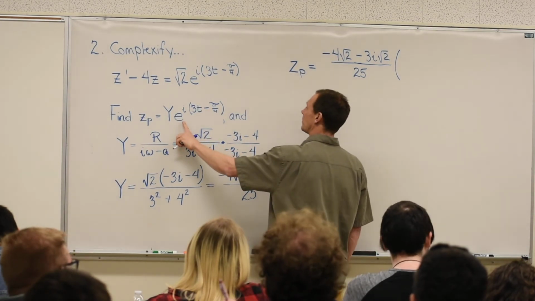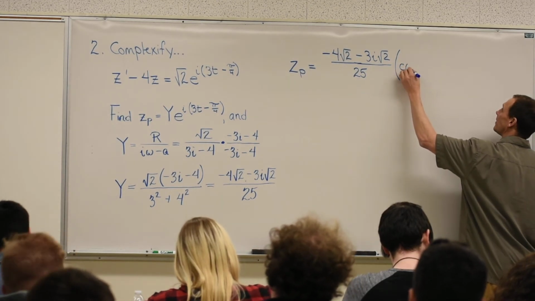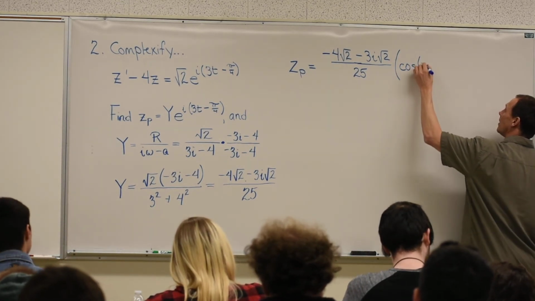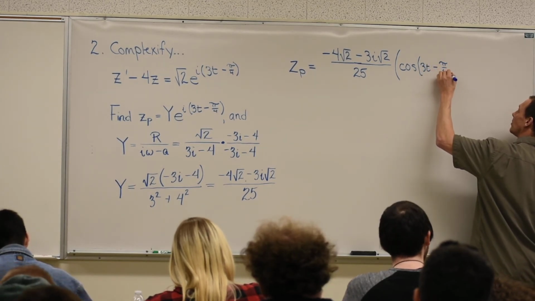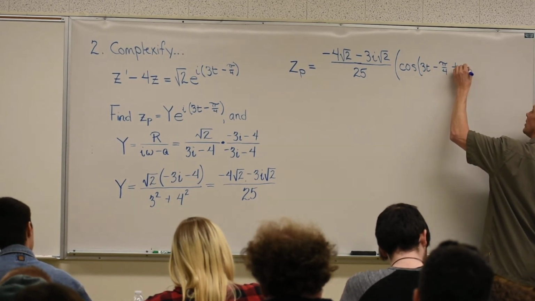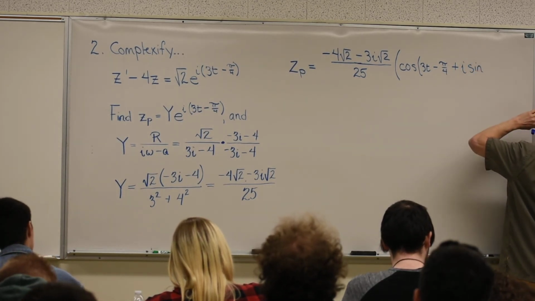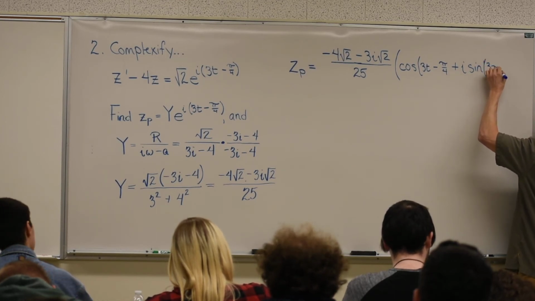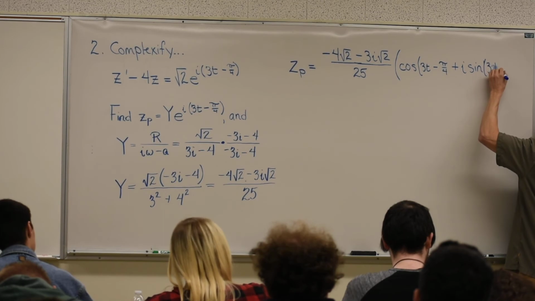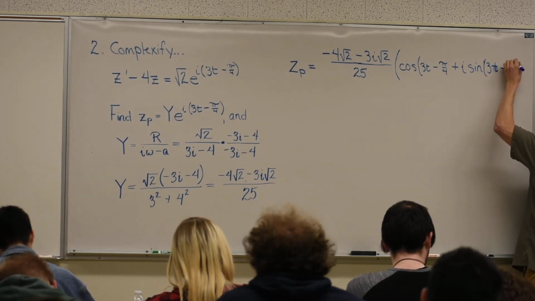This e to the i is cosine of 3t minus pi over 4 plus i sine of 3t minus pi over 4.